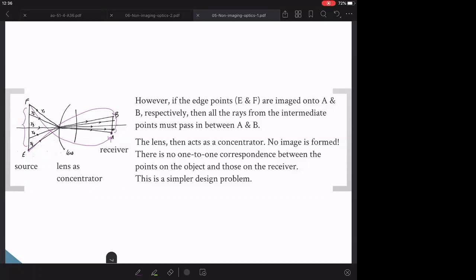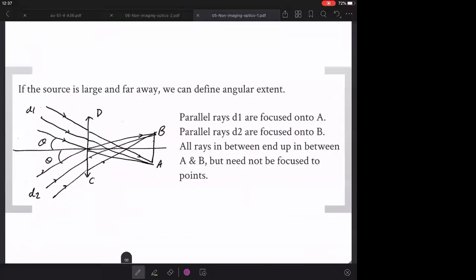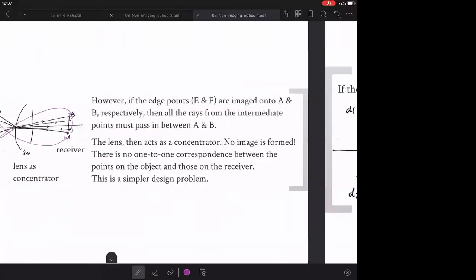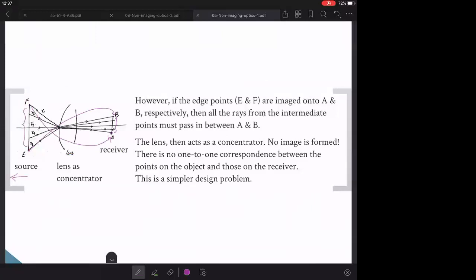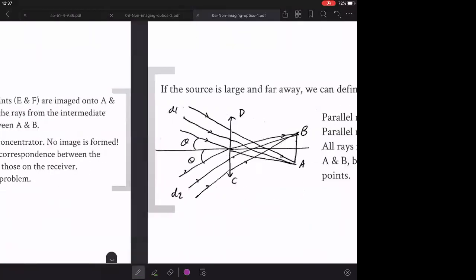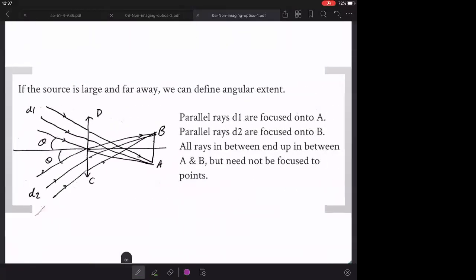Now, this is a situation where the source is somewhat close to the lens, and we're going to think about a situation where the source moves further away. In other words, we're going to move to infinity. When you move to infinity, the rays of light that this is emitting will all become parallel rays, as shown here.